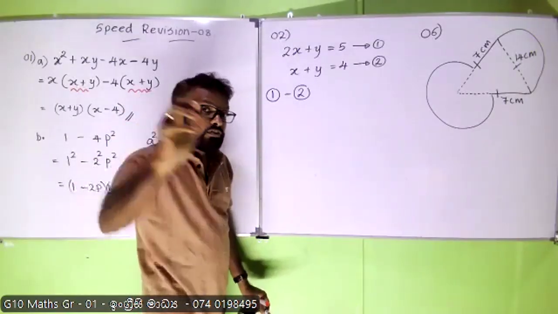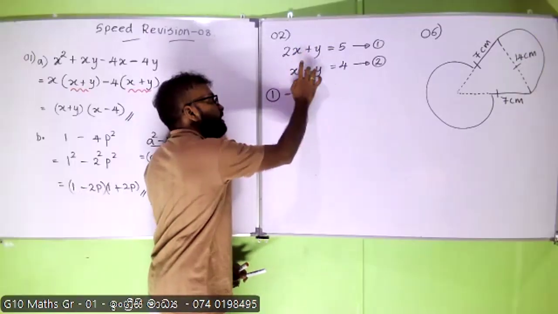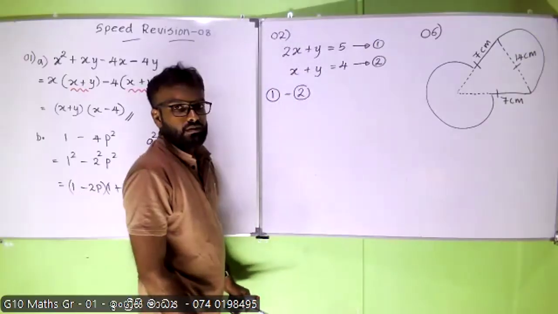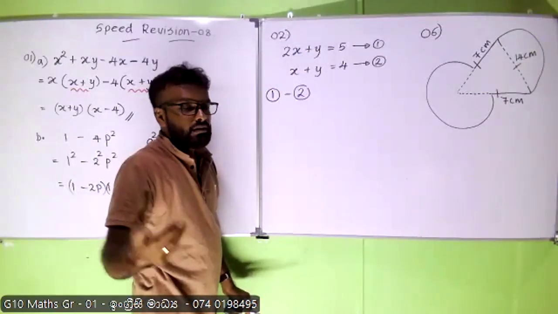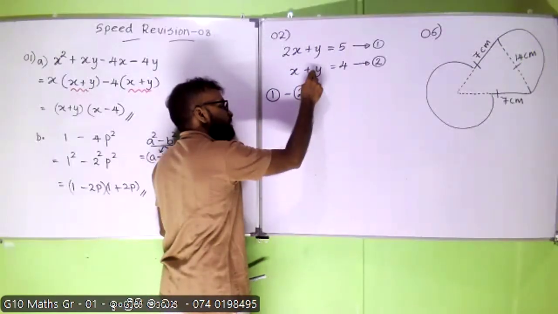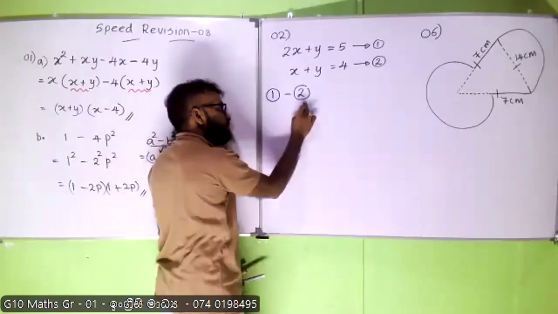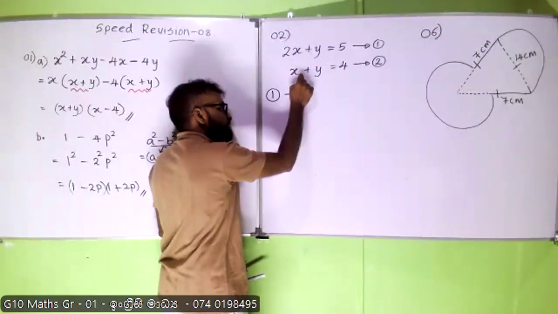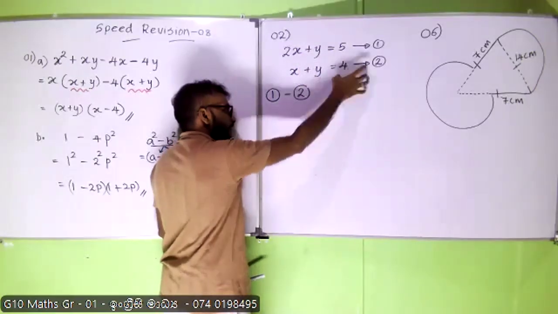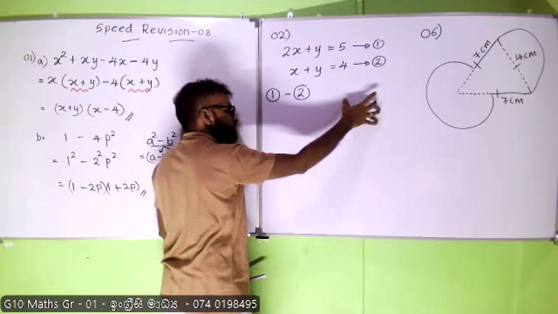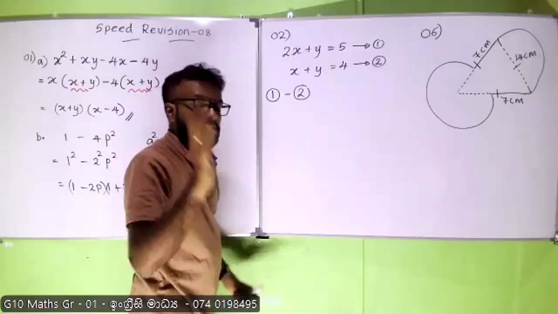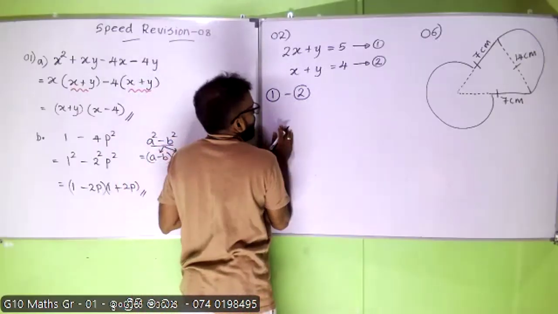If we have different signs, positive y and negative y, then we are going to add the two equations. That is the pattern. Same signs with same coefficients with same terms, we subtract. Different signs with same coefficient, same term, we add the two equations. That is the thing you need to remember. Keep that in your mind. Super. 1 minus 2.